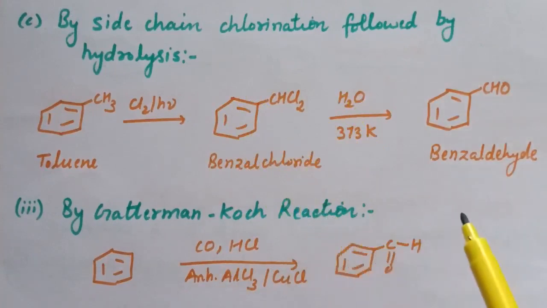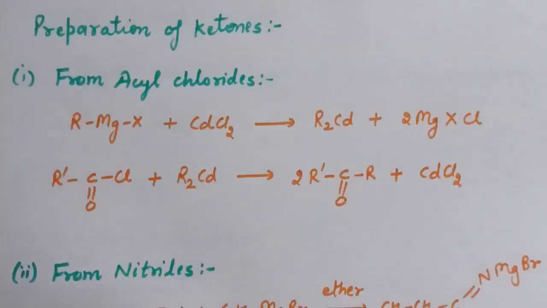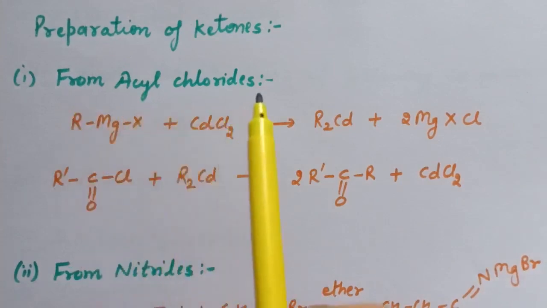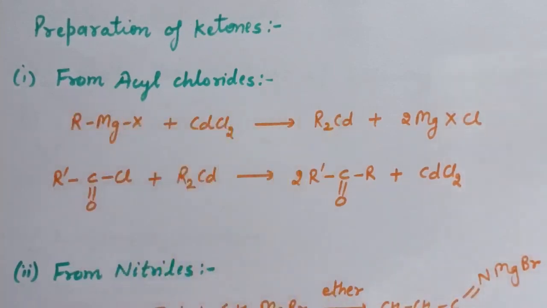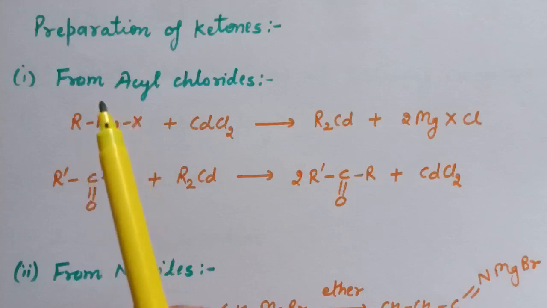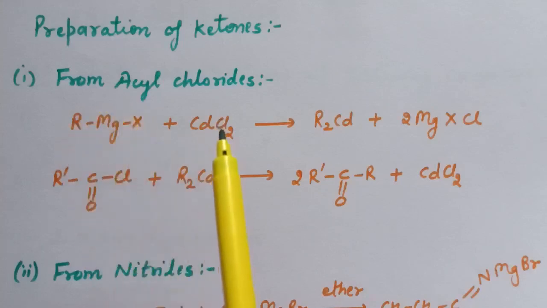Now there are some methods by which we can prepare ketones. That is, next is the preparation of ketones. First is from acyl chlorides. The first step is the reaction of Grignard reagent with cadmium chloride.